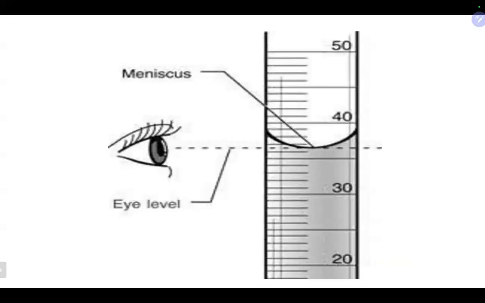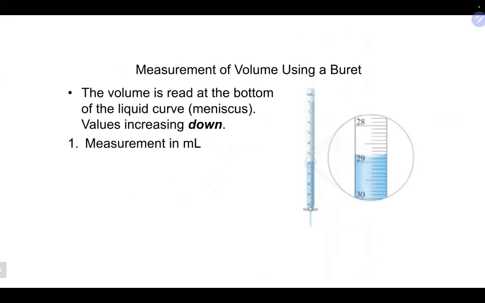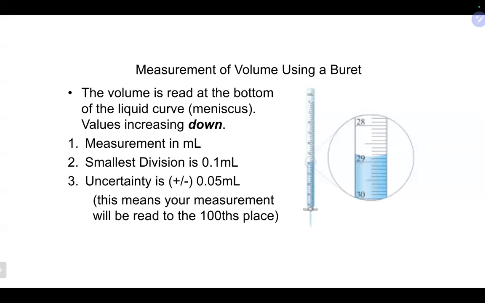Now, sometimes we do use some other types of equipment that might be a little bit different than you're used to. This is what's known as a buret. You use it a lot for titrations. We'll use it somewhere down the road, actually experiment 20 or 21, I think, for you guys. It actually increases as you go down.